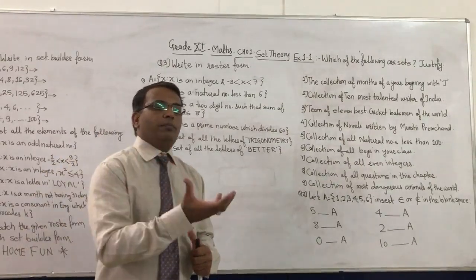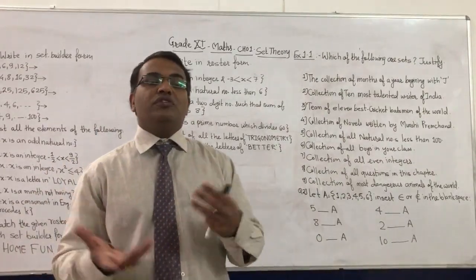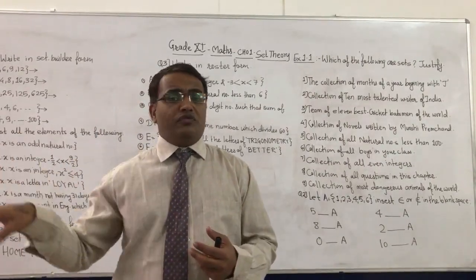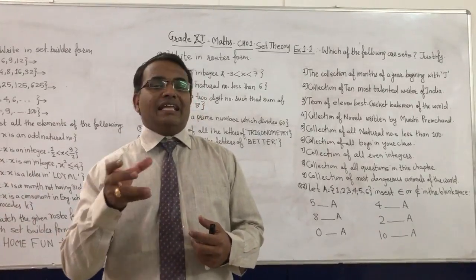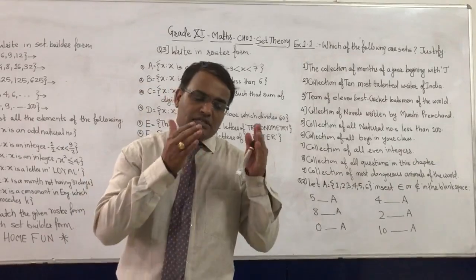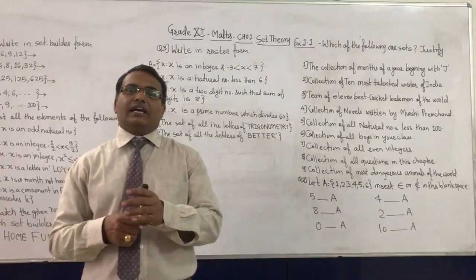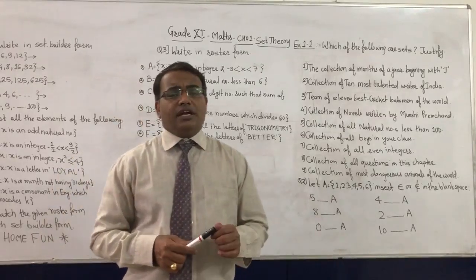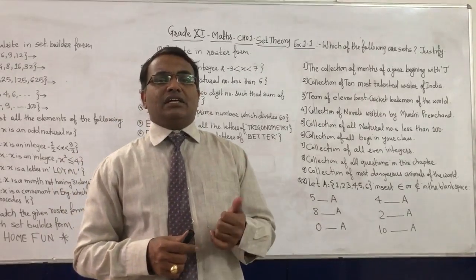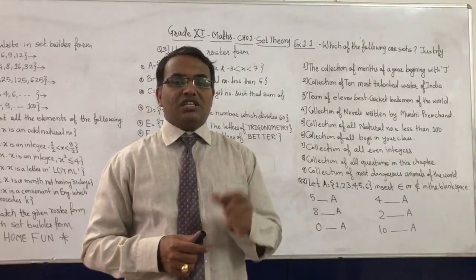A group and a set are two different things. A group can be of anything, but when we write that group according to some property, then it becomes a set. There are two methods of writing a set. Number one is the roster method.